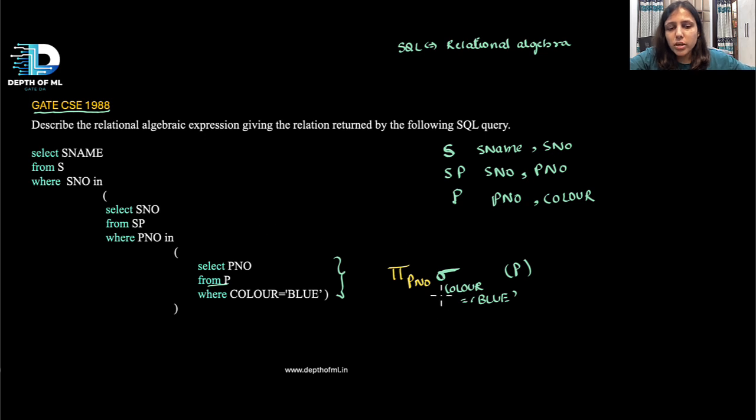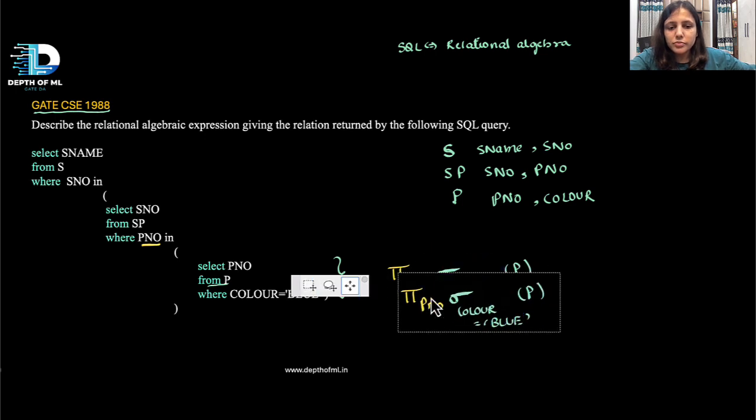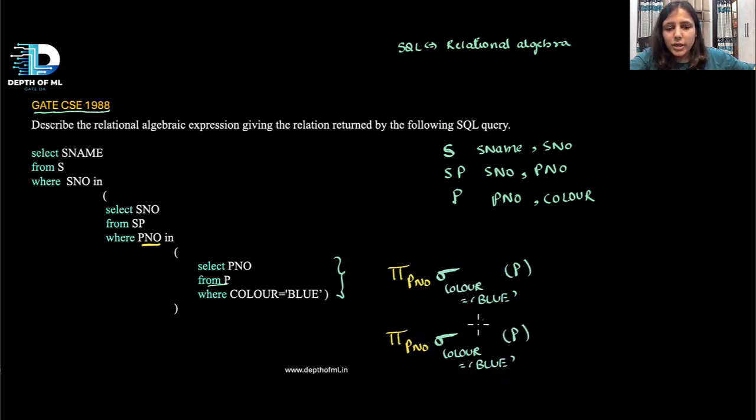Now from this PNO, you have to select the PNOs which are in SP and this. We only have to select those PNOs which are present in whatever you have retrieved, so you have to do a join now. You will take this query over here and here, and this will be some result that you will be getting.